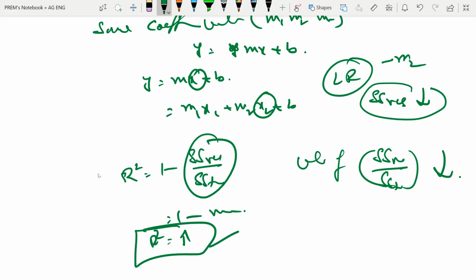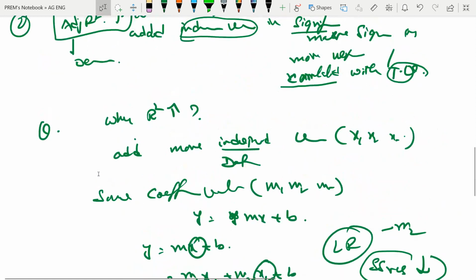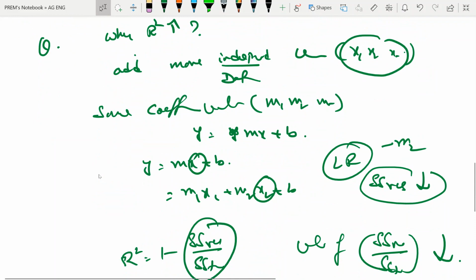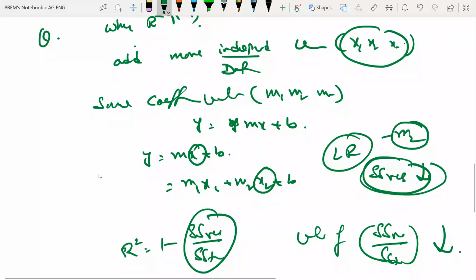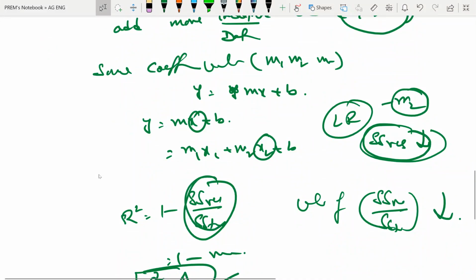So R square value will be increasing whenever we add independent variables x1, x2, x3, because our linear regression model will assign some values to m2. At that time the sum of the residuals will be decreasing, so SSRES by SS total will also be decreasing.